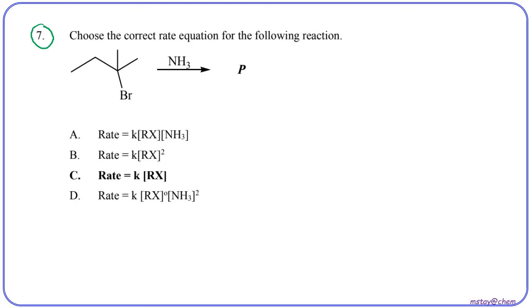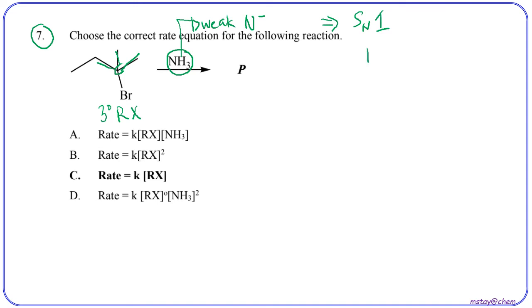From the haloalkane here, we know that this carbon is bonded to 1, 2, and 3 carbons, so this is a tertiary haloalkane. NH3 is a weak nucleophile because it is unable to produce a cation and anion. So a tertiary haloalkane with a weak nucleophile tends to undergo SN1.